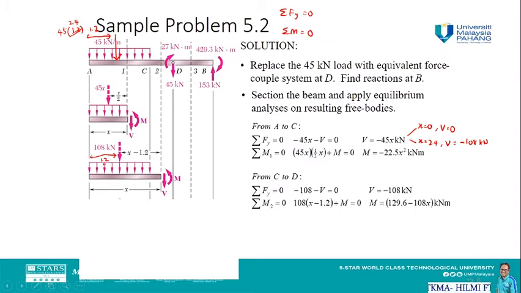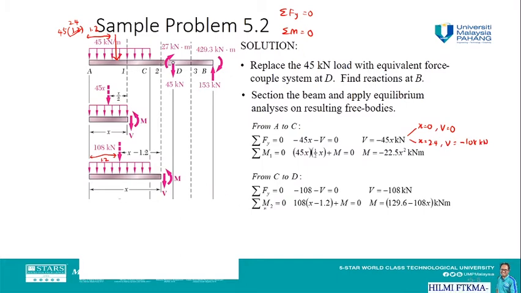So for the calculation of the force in the y-axis, we are going to have minus 108 kilonewton minus V equal to 0, and V will be equal to 108 kilonewton.